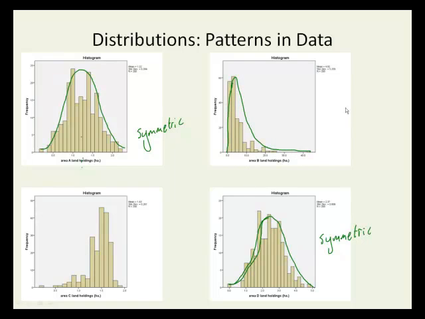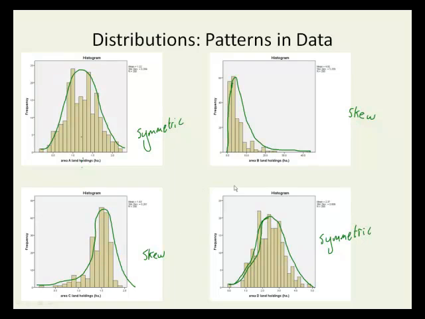And this kind of shape is called non-symmetric, or more commonly skew. This is a skew distribution. This one down here is also skew. Because it goes like this, the tail is on the lower side, and then it builds up and comes down very sharply like that.